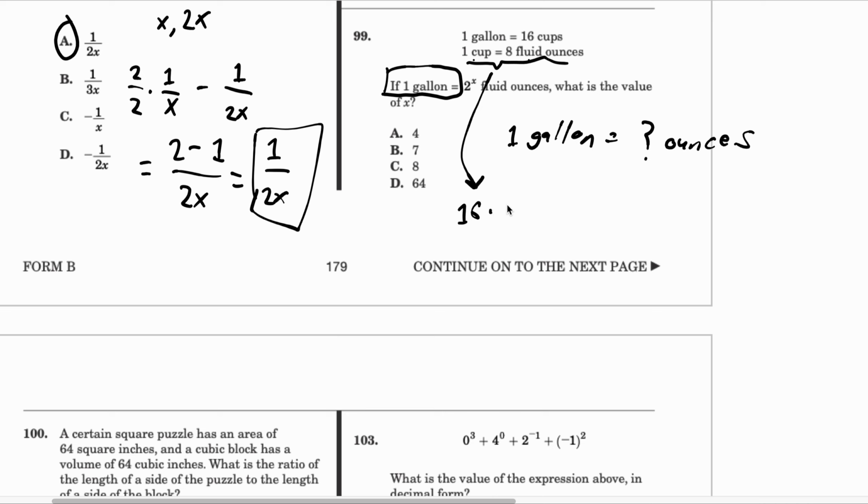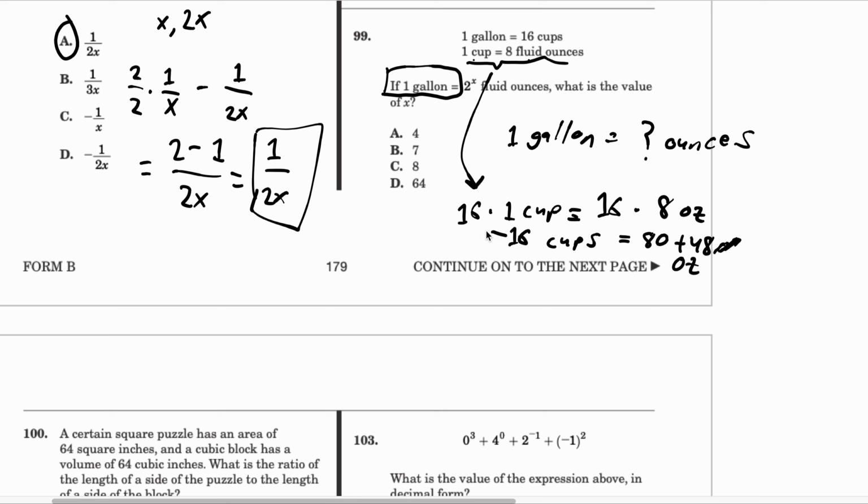So 16 times 1 cup is equal to 16 times 8 ounces. So therefore 16 cups is equal to 16 times 8, which is 80 plus 48 ounces.